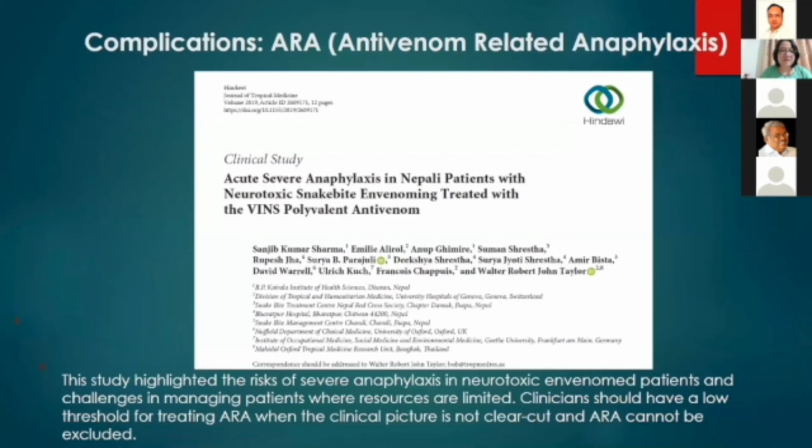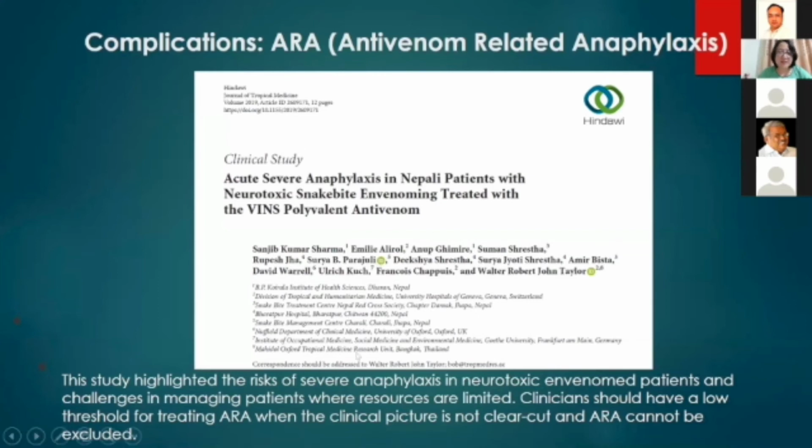And talking about the complications, antivenom-related anaphylaxis, we have a study published in the Journal of Tropical Medicine. It is a clinical study which states acute severe anaphylaxis in Nepali patients with neurotoxic snakebite envenoming treated with the VINS polyvalent antivenom, which is the only polyvalent that is available in our country.